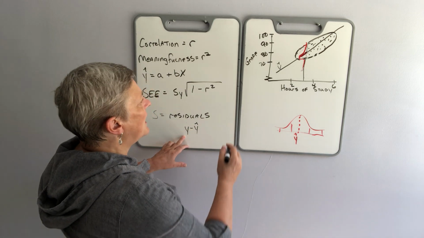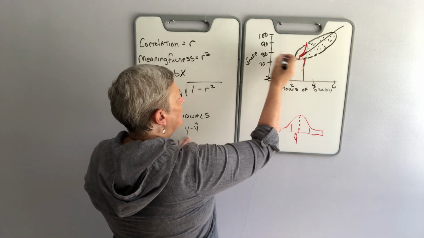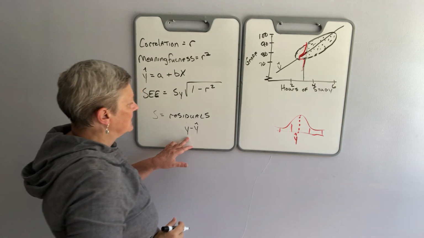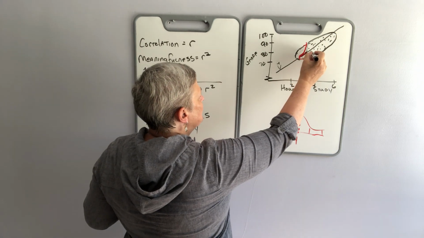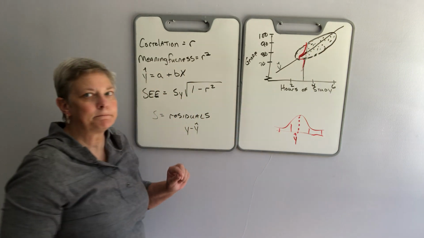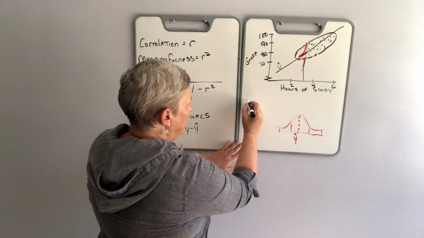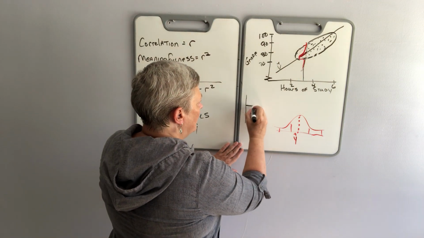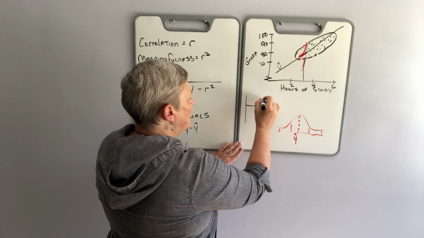So the actual y that I have in my data, I subtract the y predicted, and that gives me the distance between any of these points and the line. When I do that, some of the points are going to fall below 0, and some are going to be above 0.